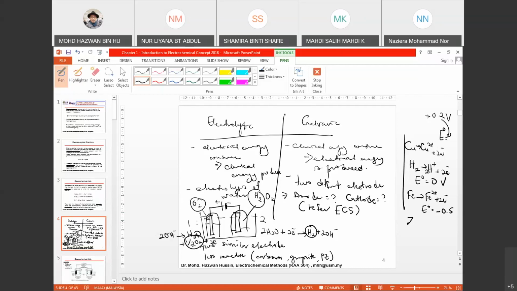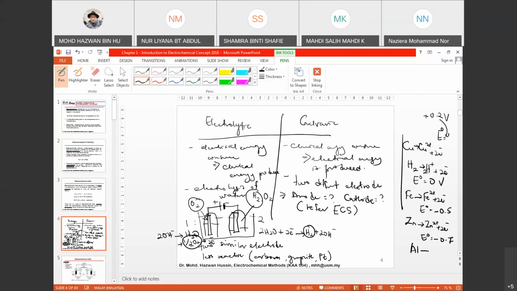And you can also have zinc 2 plus 2 electrons, standard potential is equal to minus 0.7. Aluminium 3 plus 3 electrons, standard potential is equal to minus 1.1 volt.